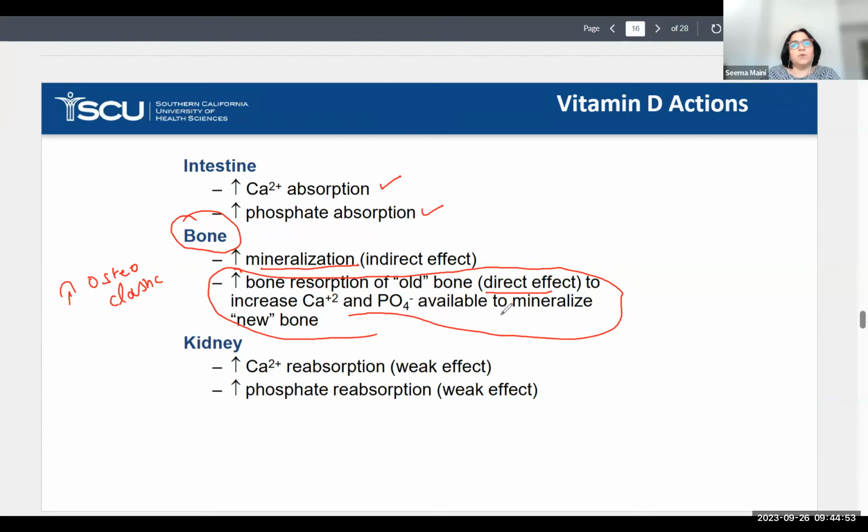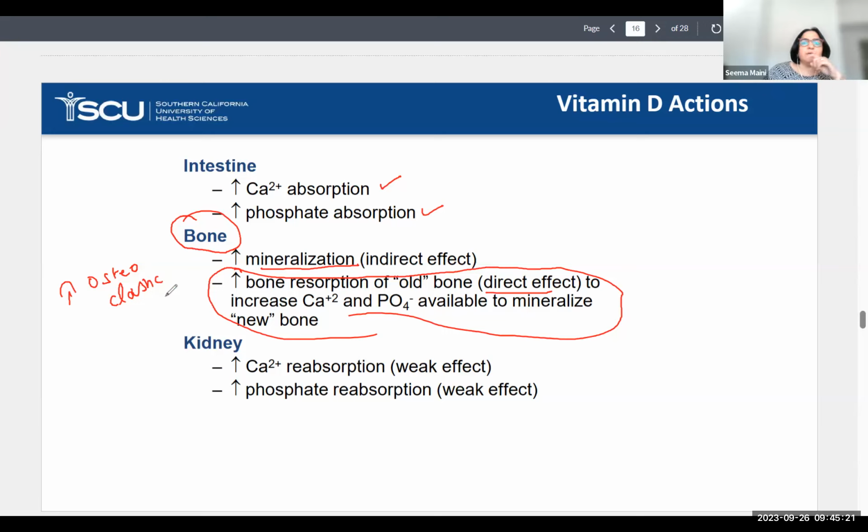You have read about bone, that there is constant recycling of the bone. That is what we are going to learn also next week in the physiology of bone. So always in your bone, new bone is being formed and old bone is being resorbed, and vitamin D plays a very important role. It increases resorption of the old bone and makes more calcium ions and phosphate ions available to mineralize the new bone.